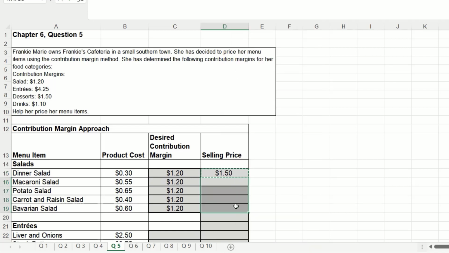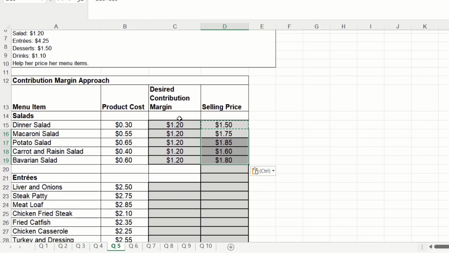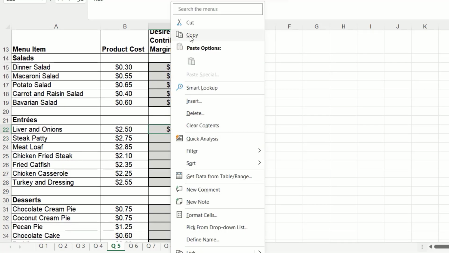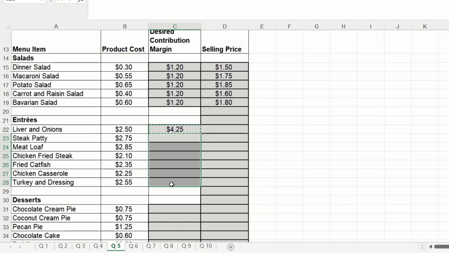So we can go ahead and fill that in. Then also for our entrees, our desired contribution after we've covered our product cost is $4.25. So we can put in $4.25 for all of our entrees.